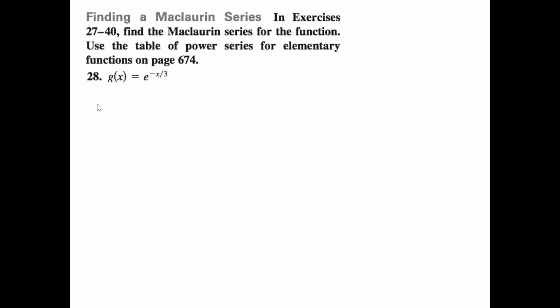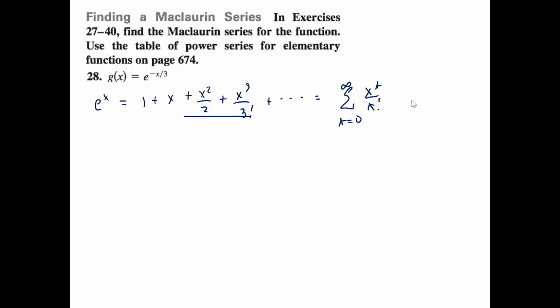So we already know that e to the x is the same thing as 1 plus x plus x squared over 2 plus x cubed over 3 factorial plus dot dot dot, which can be written in summation notation as the summation from k equals 0 to infinity of x to the k over k factorial for all x.